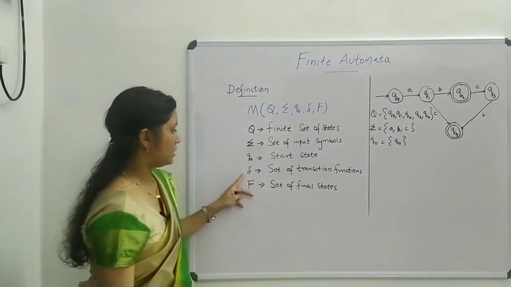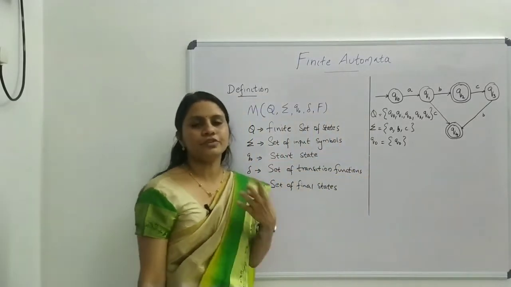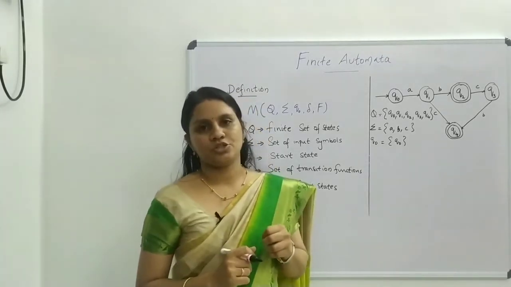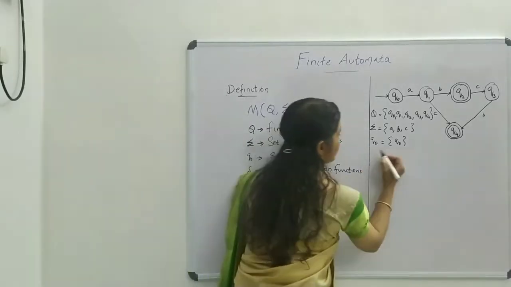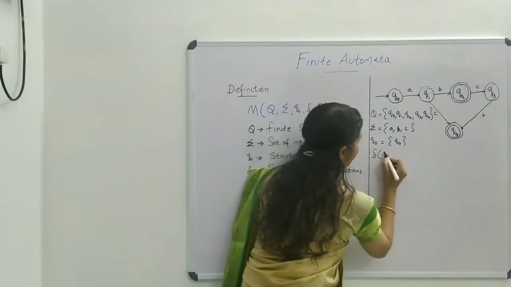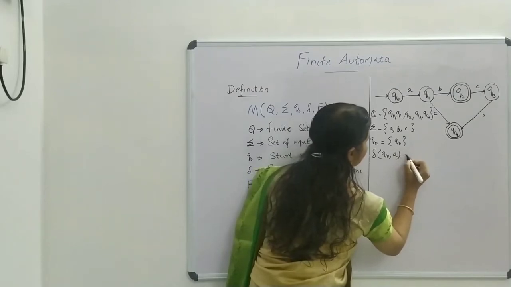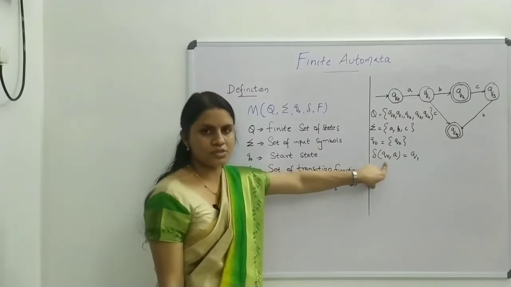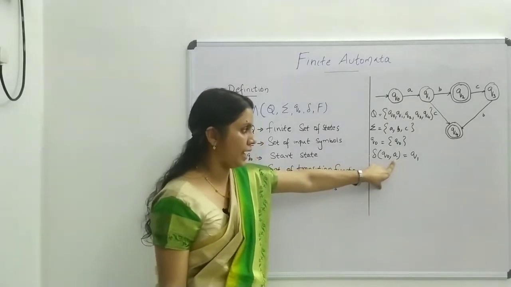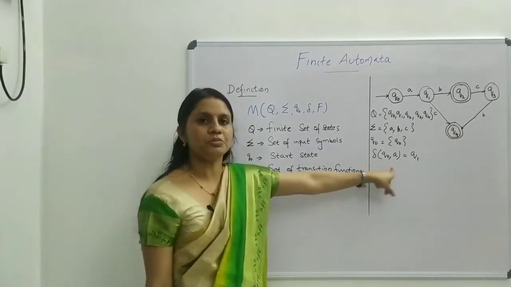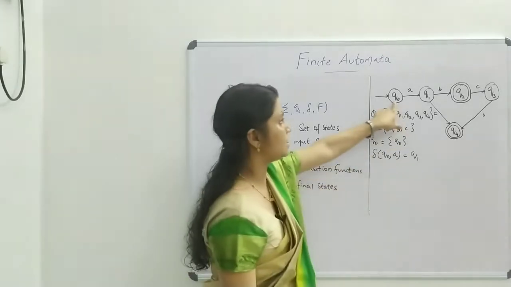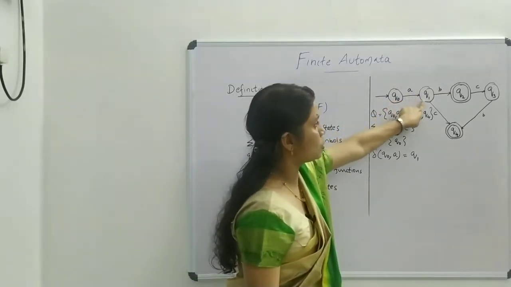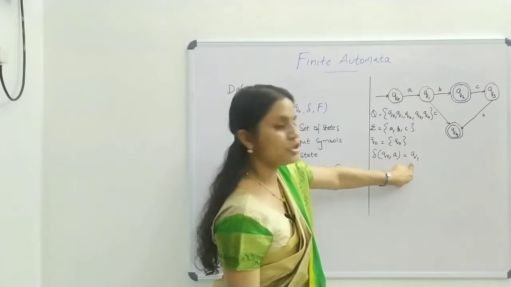Then delta. Delta denotes the set of transition functions. It describes the operation of the finite automaton. For example, given the current state Q0 and the input symbol A, the finite automaton moves to the state Q1.